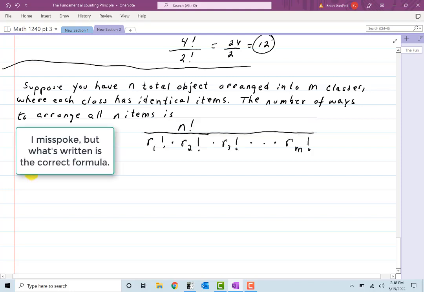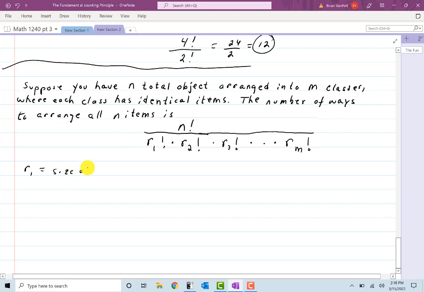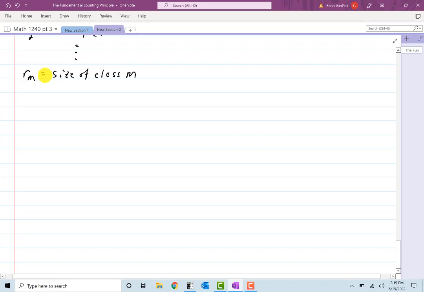And r sub 1 equals the size of class 1. r sub 2 equals the size of class 2, dot, dot, dot, until we get to r sub m, the last class, is the size of class m. The way I wrote this is so much more complicated than the way we're actually going to be using it.